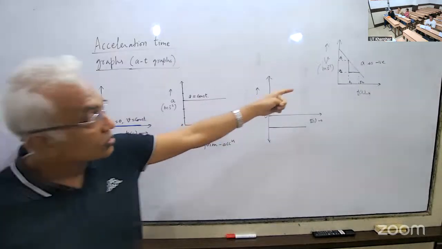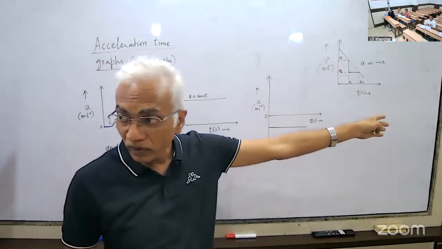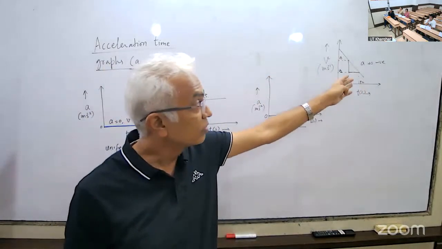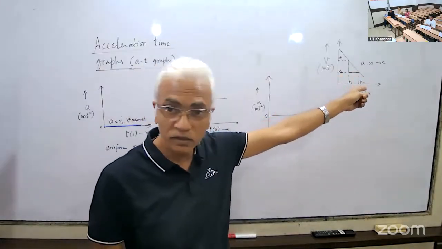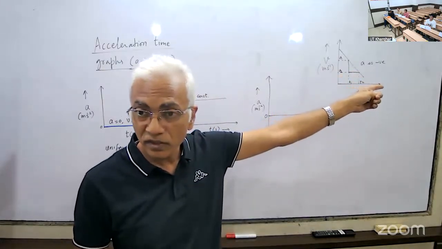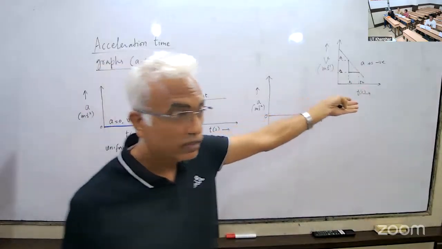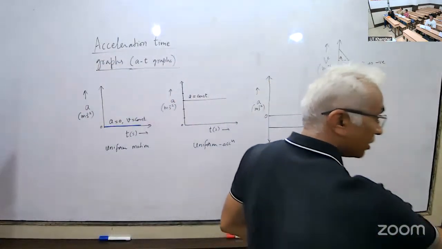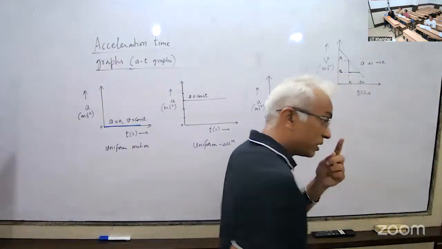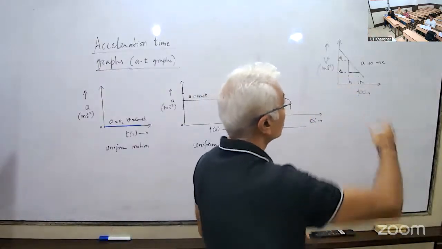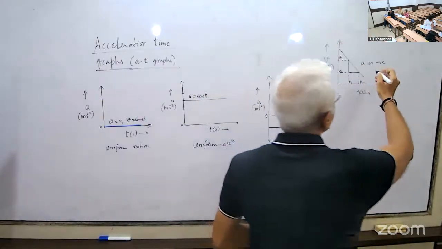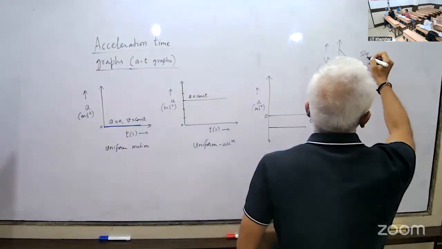Okay. So this is now a negative slope. Negative slope in a VT graph means acceleration is negative. And what is negative acceleration? Retardation. We have discussed that. Haven't we? Yes. So the slope is negative.